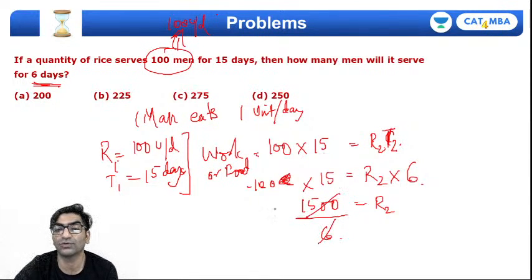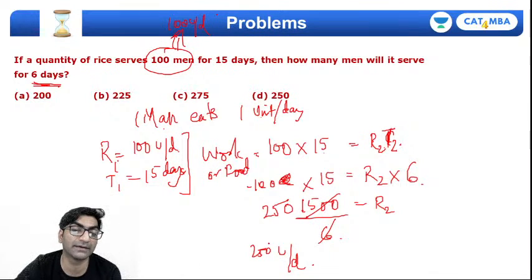कितना आ रहा है ये? 250. So if you want 250 units per day, and one man eats only 1 unit per day, you want to eat 250 units in 25 days. So then I can get it done by using how many men?